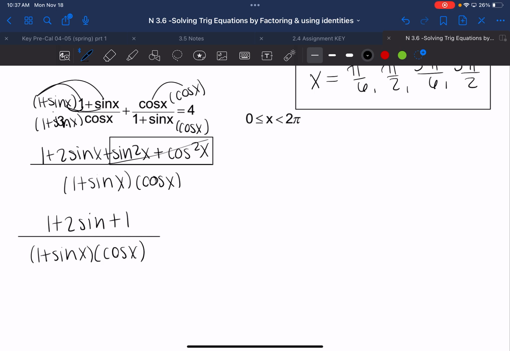Any like terms that we could combine up there? 1 and 1, which would give us 2, right? So I'd have 2 plus 2 sine of x over our common denominator 1 plus sine of x cosine of x.